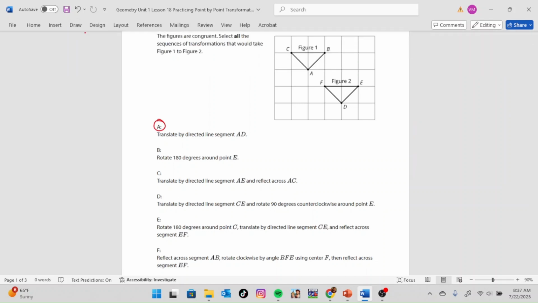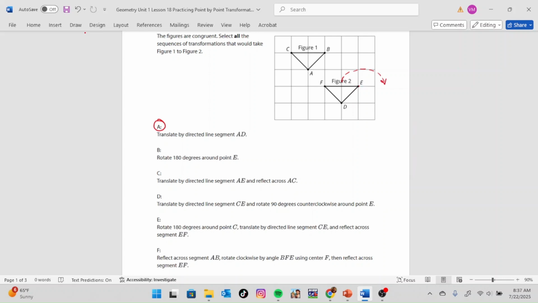Now let's look at option B. Rotate 180 degrees around point E. So we're going to take this figure 2 and we're going to rotate it 180 degrees.